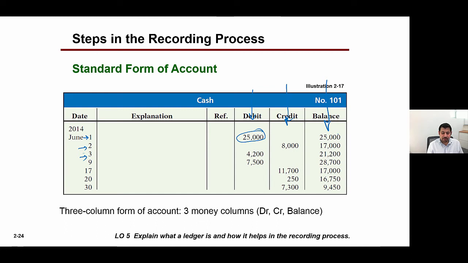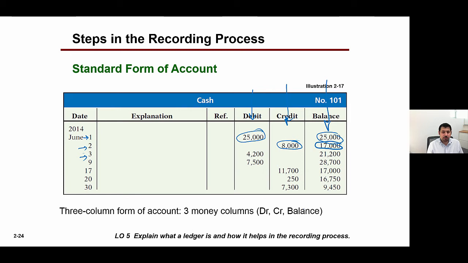Then we calculate the balance: it's 25,000. On June 2nd, we had a credit posted to cash. Cash has decreased by 8,000, and we recalculate the balance and find that it is 17,000. So as you can see, the balance is calculated after every transaction.